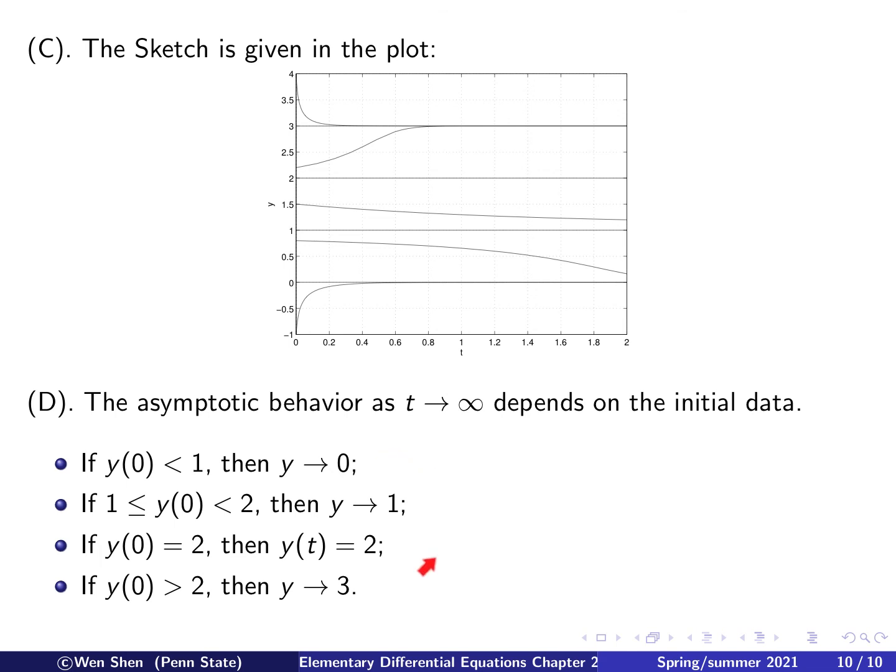And we can discuss asymptotic behavior also very conveniently. All this can be done without even trying to solve the equation or find an explicit form of the solution. All those are not needed, but we can say a lot about the solution behavior.